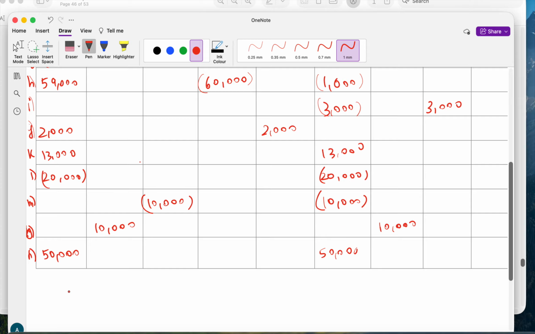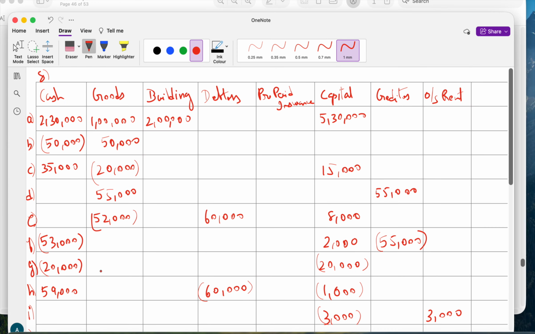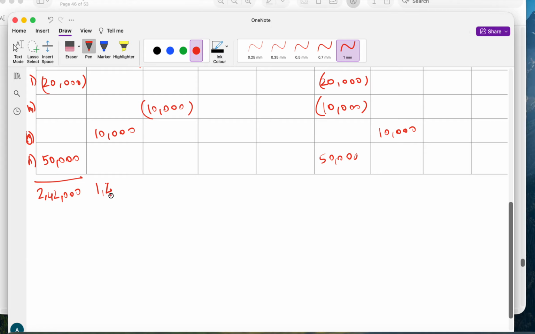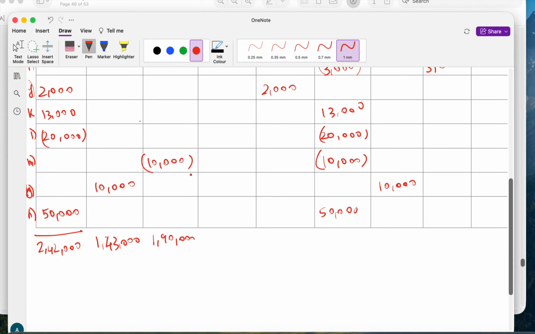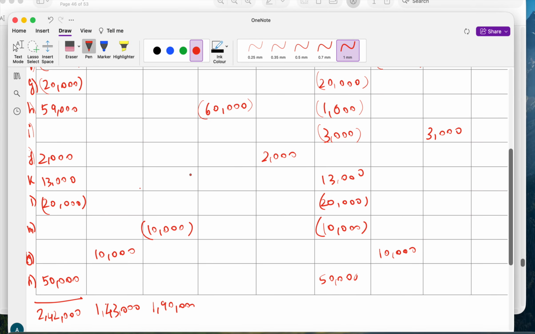Okay. And now we will sum it up. Cash stands at 2,42,000. Okay. Goods at 1,43,000 and building at 1,90,000 and debtors is nil.